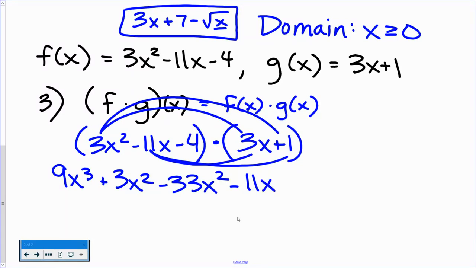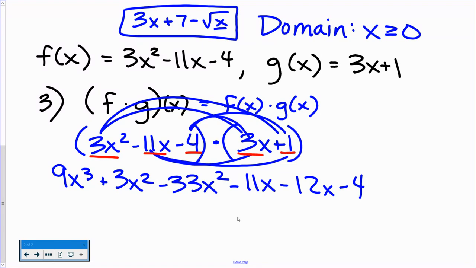I need to take negative 4 times 3x, so negative 12x, and negative 4 times 1 for negative 4. So make sure you distributed everything. All three of these terms, each of them must multiply each term on the right side.